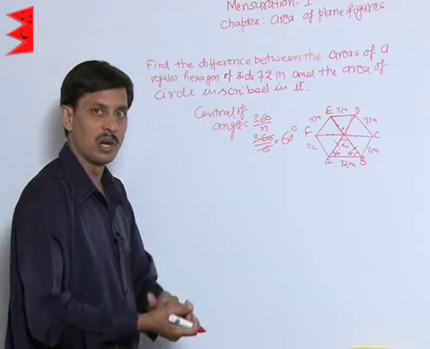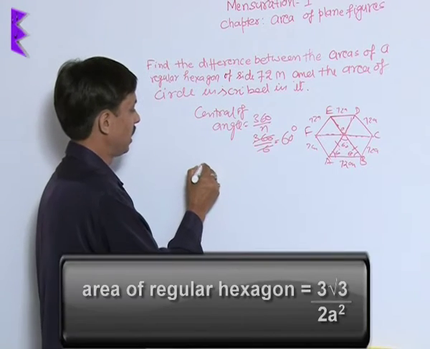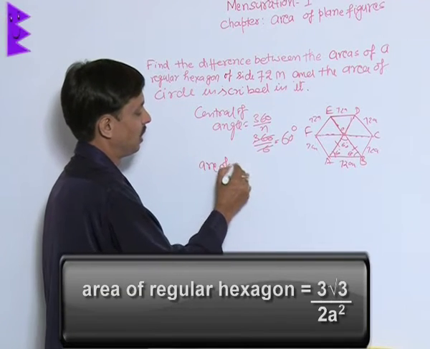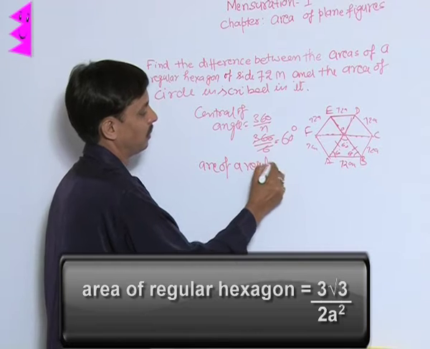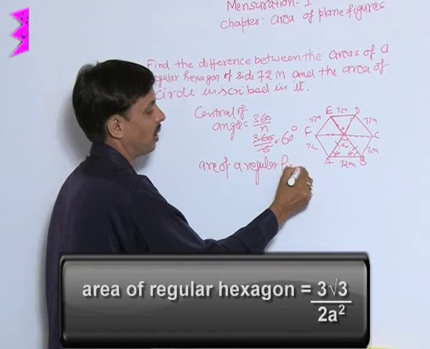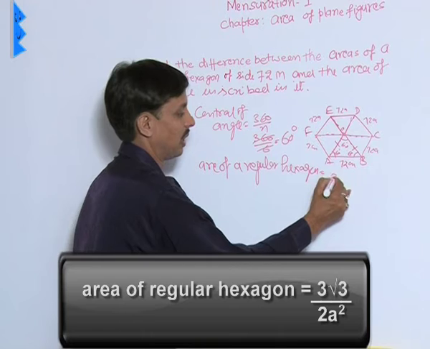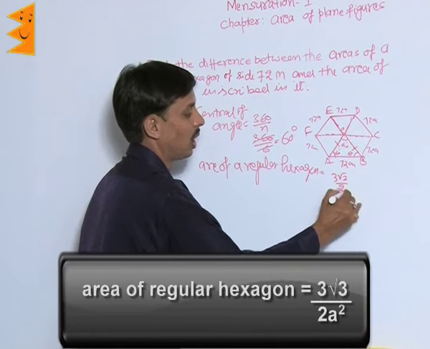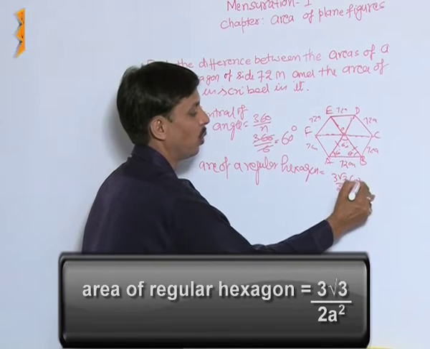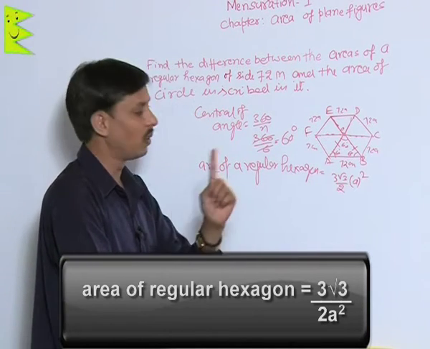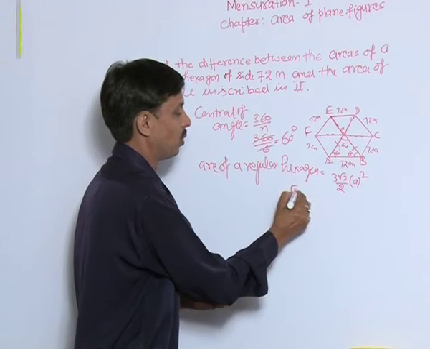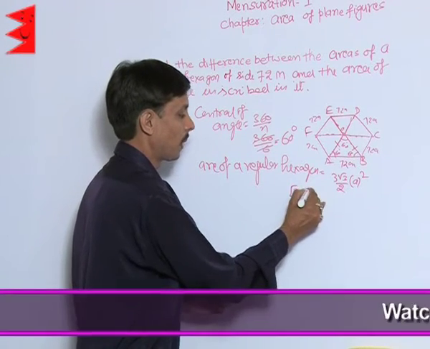There is a direct formula also, which is like this: area of a regular hexagon, if the side is a, is given by 3 root 3 upon 2 a whole square, because the area of one equilateral triangle is root 3 by 4 a square.